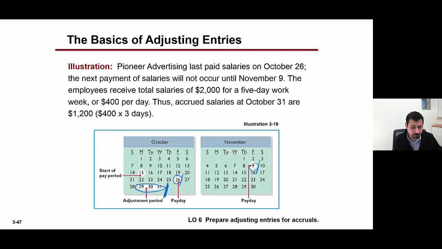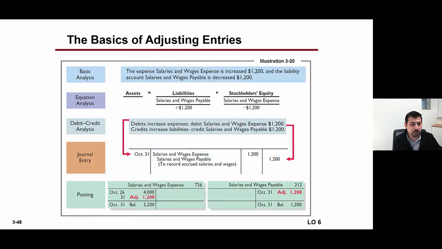If we had a fourth day here, it would be calculated. So again, we record the salaries that have accumulated by the end of the accounting period, and we make the adjusting entry by debiting salaries and wages expense and crediting salaries and wages payable for the amount of $1,200.